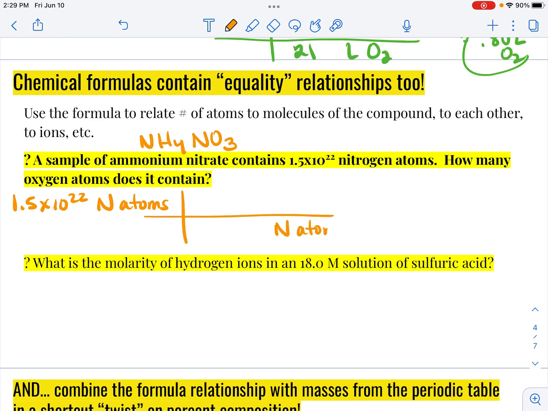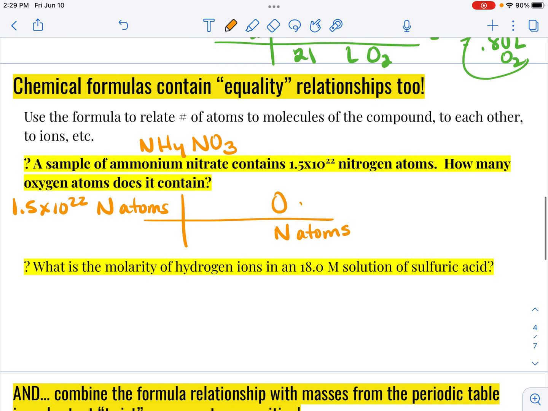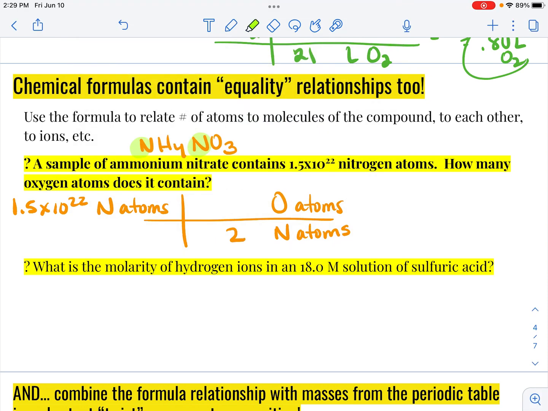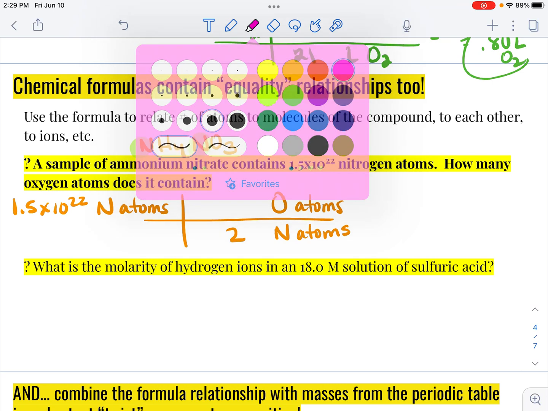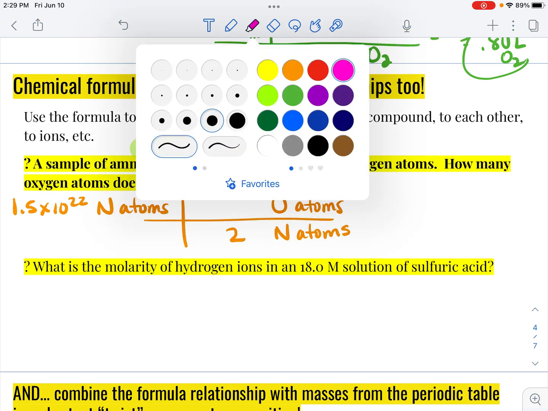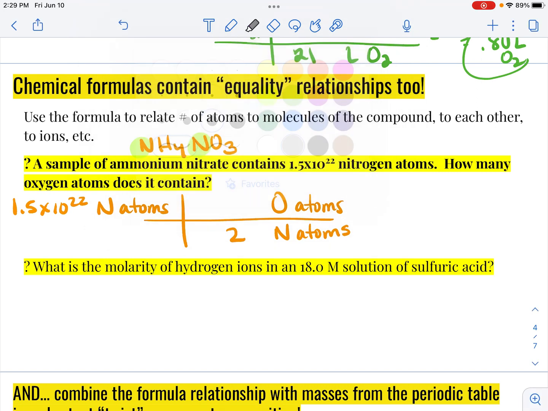So I need to get rid of nitrogen atoms and get oxygen atoms. And from my formula, I can see that in ammonium nitrate, there are 2 nitrogen atoms for every 3 oxygen atoms.